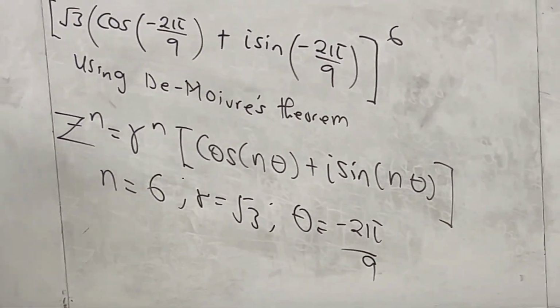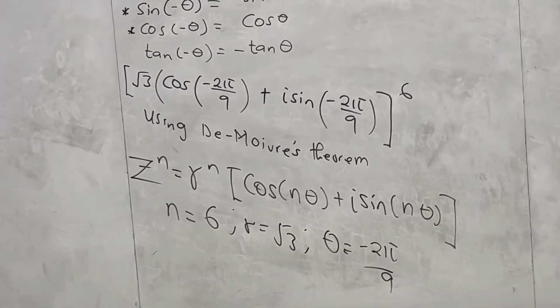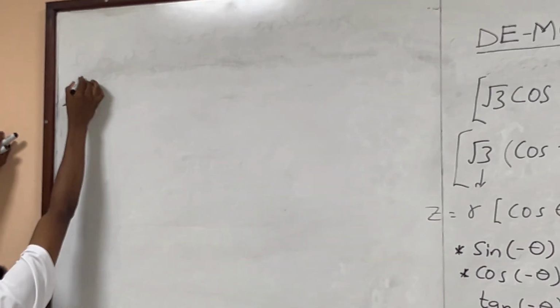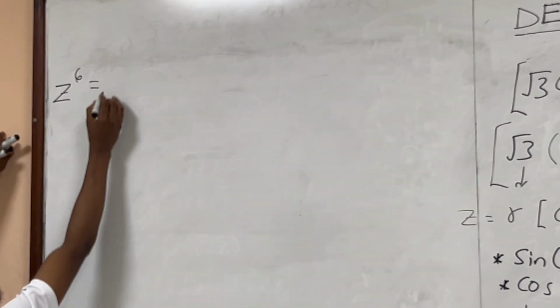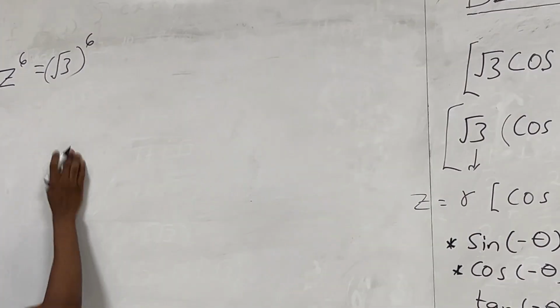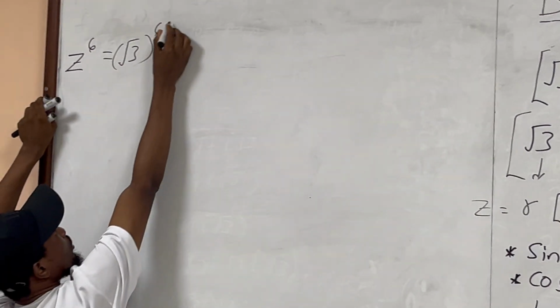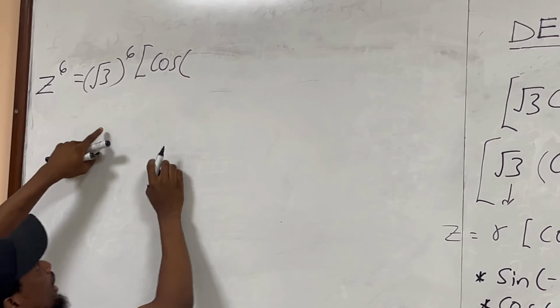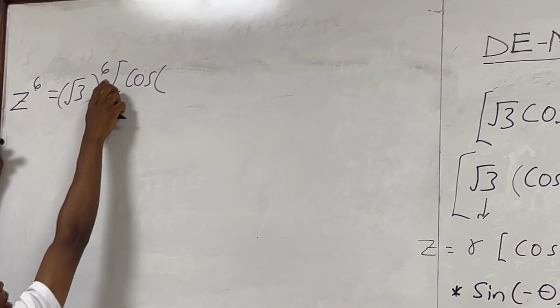So let's do that. For want of space, I can say z to the power n. What is my n? n is 6. Then my modulus is root 3 raised to the power 6. Then I have cos of n times the angle.